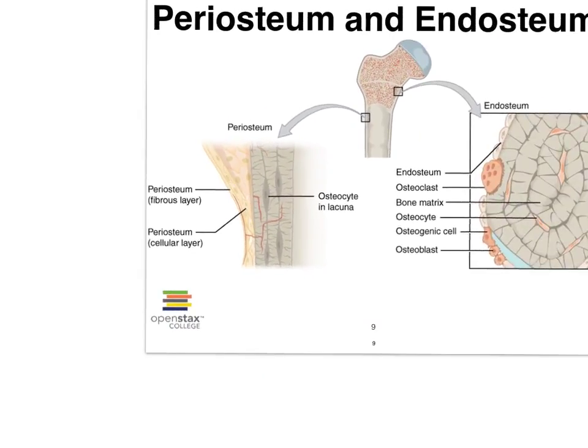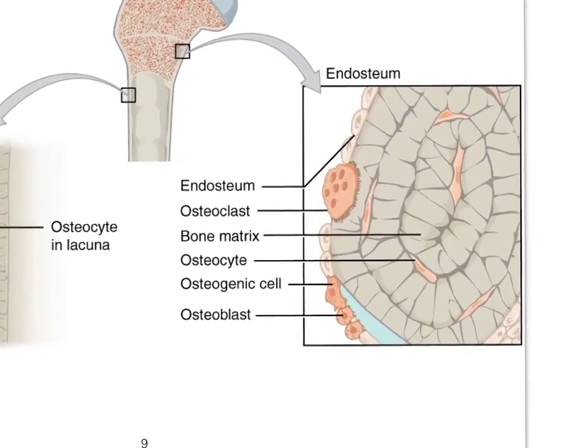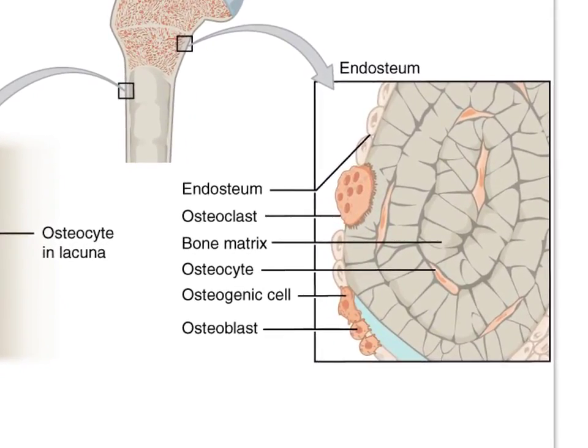So let's go back to the original size of the picture and now zoom into an area in the spongy bone tissue. So here we are in the spongy bone tissue area of an epiphysis. And we'll understand all of this better in just a little while. But what we need to focus on is the endosteum.